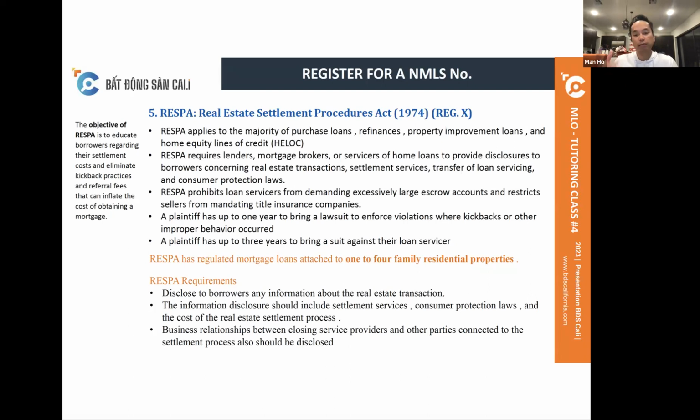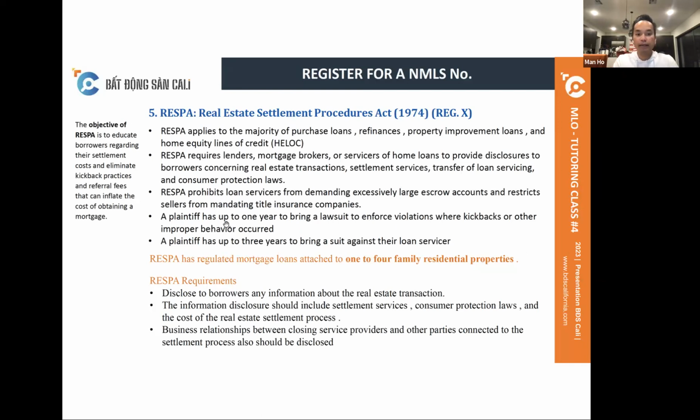Okay, and I'll go into more detail on some of the disclosures in the next few classes. RESPA prohibits loan servicers from demanding an excessively large escrow account and restricts the seller from mandating a title insurance company. Okay, so I talked about earlier, right? The escrow account only covers some of the payment, but not too much.